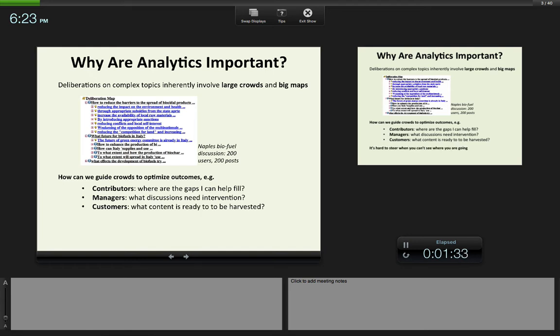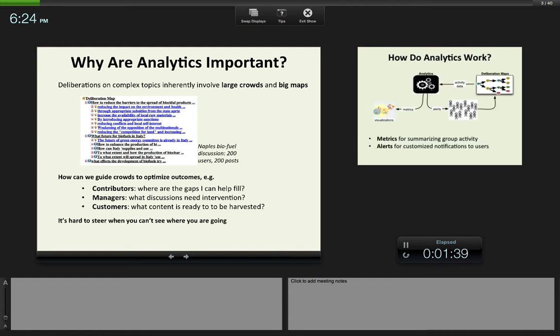And also, how can we guide customers to identify which content is ready to be harvested? Analytics basically address the need that without being able to see where you're going, it's hard to steer. Analytics provide the window that allows us to steer the crowd.